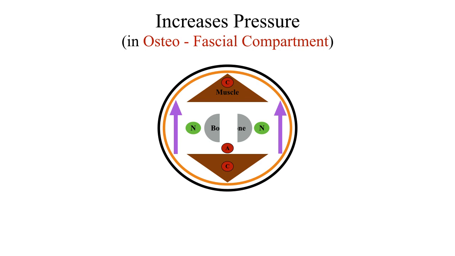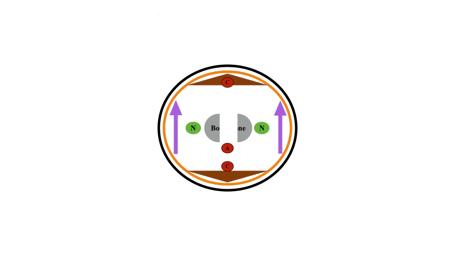compartment syndrome. And as the pressure builds up and the fascia and the bone are inelastic, the next structure which accommodates or responds to this pressure is the muscle, and the muscle undergoes pressure and compression. Once the muscle tissue undergoes compression because of the increased pressure within the osteofascial compartment, the capillaries within the muscle also get occluded.